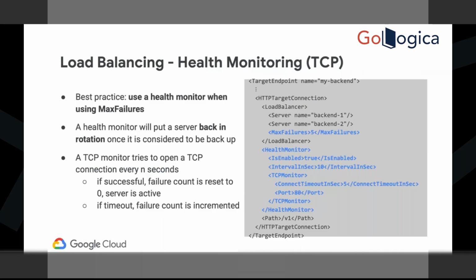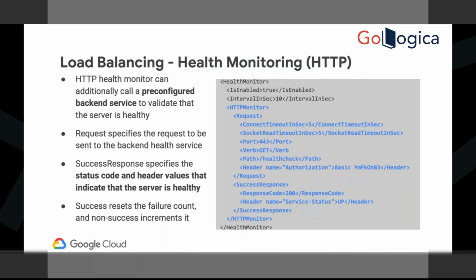Second is the HTTP monitor. Sometimes backend servers give one hard coded, pre-configured API that will only give you 200 OK. These are called health check APIs. Sometimes they provide a health check API that you call with some security header, auth header, username, password, and they will only give 200.